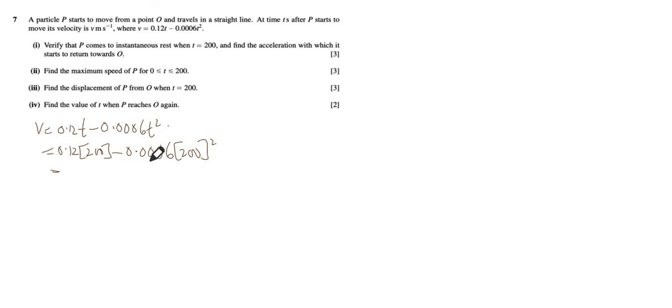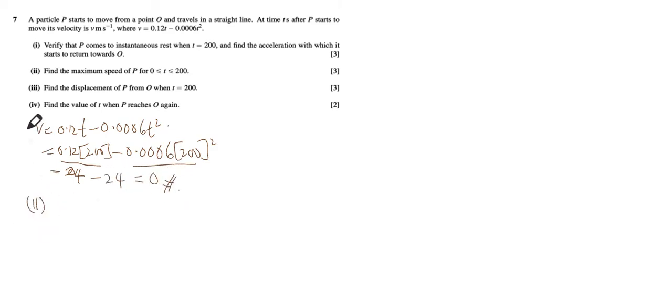You should get 0. So 0.12 times 200 is 24, and 0.0006 times 200² is also 24, and your answer is 0.